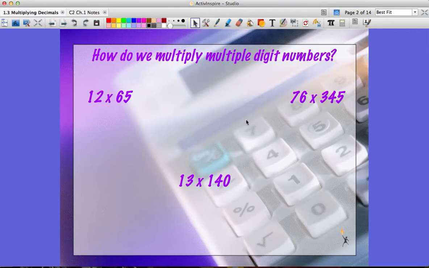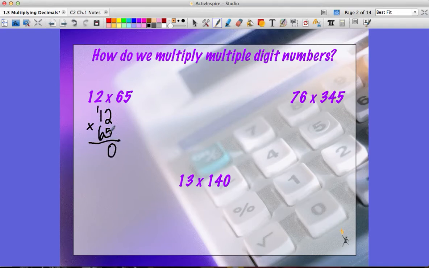Right, so the first thing we have to look at is how we typically multiply numbers. So when I line up 12 times 65, I take the ones digit and line it up with the ones digit, tens and line up with tens. So I line up the right side. Then I take this column and I do 12 times 5, 3 times 5 is 10.